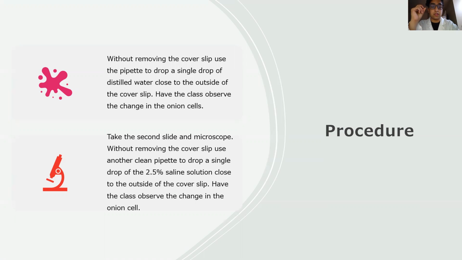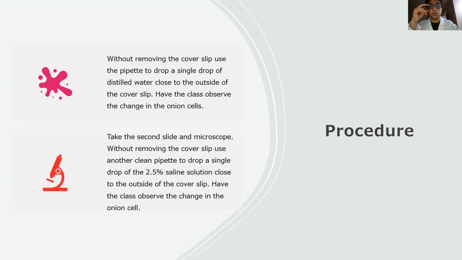Once you're done with that, you can look at it under the microscope. So what I recommend doing before you go ahead and start is first cut your onion layer up, take out the layer which is highly pigmented, place it onto the slide, and then put a cover slip on it.